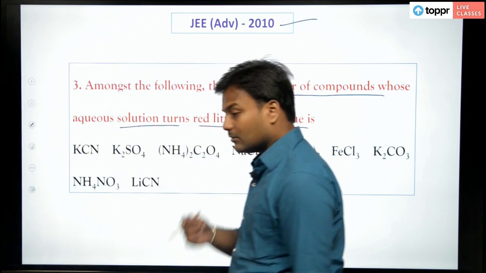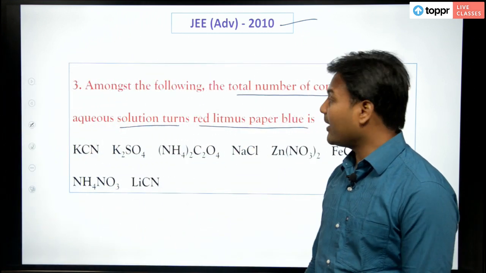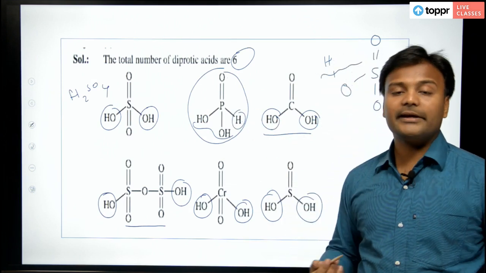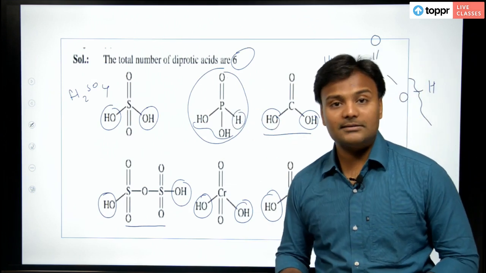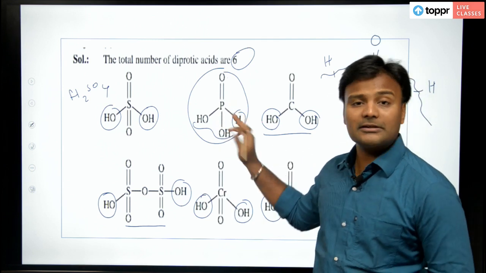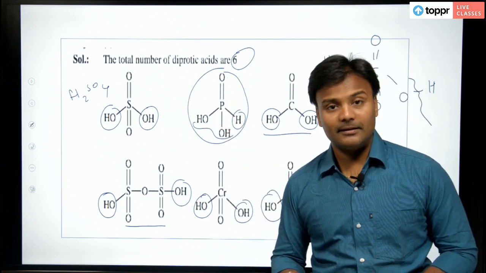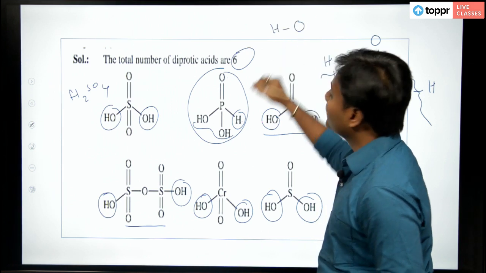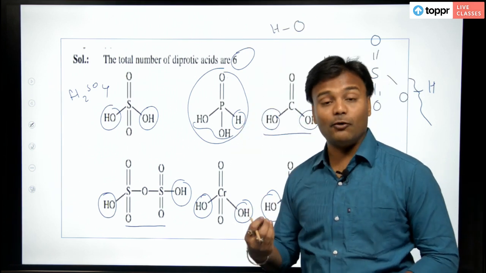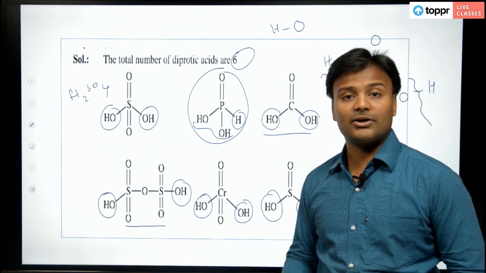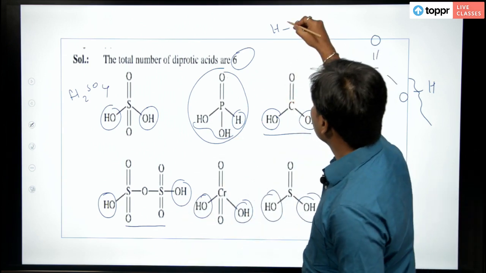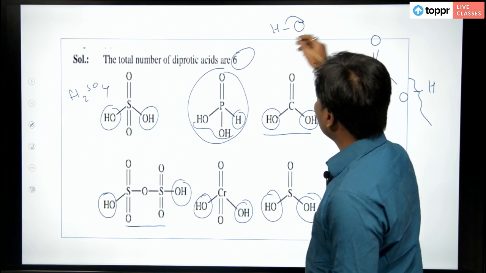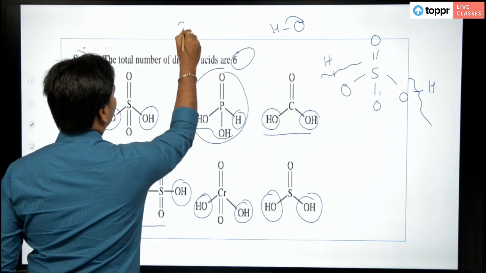There was a question asking why this hydrogen cannot be dissociated. See, this hydrogen cannot be dissociated because the electronegativity difference between these two is quite small. Hydrogen attached to highly electronegative elements like chlorine, fluorine, oxygen, nitrogen: they pull the electrons to their side, which means this bond is very weak.